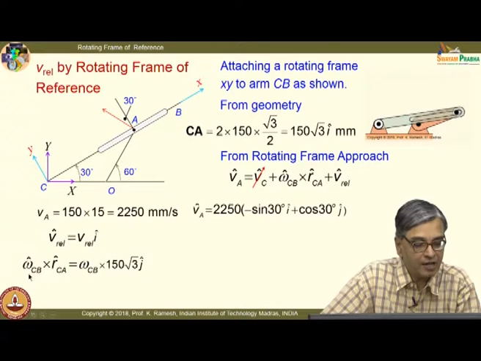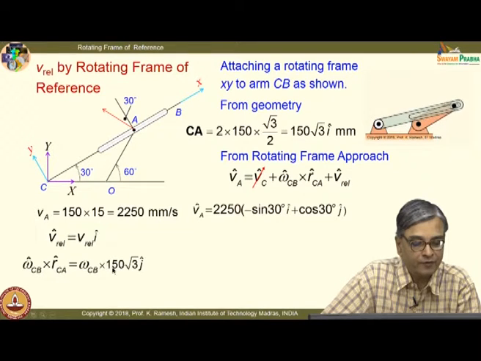And I have omega CB cross RCA equal to omega CB into 150 root 3 j, because k cross i gives j.